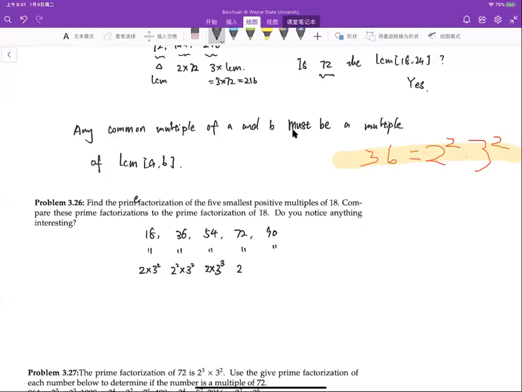What's the exponent for 2? It's 2 to the power of 4 times 3 squared. Are you sure?